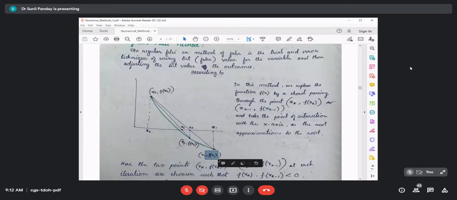Earlier in the secant method we were not testing whether f of x naught into f of x1 is less than 0 or not.